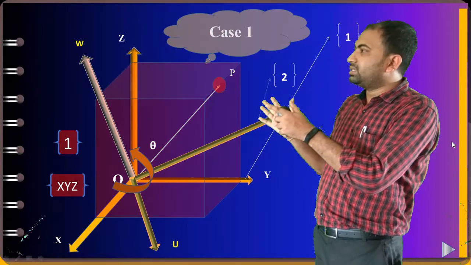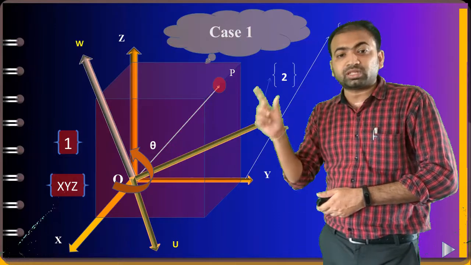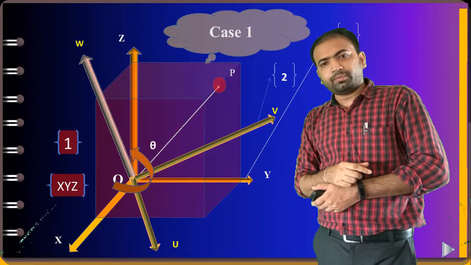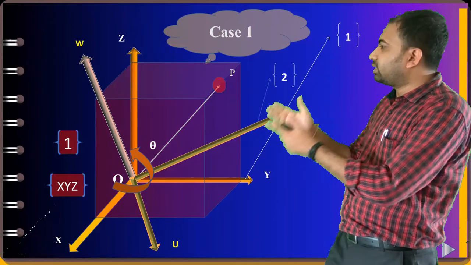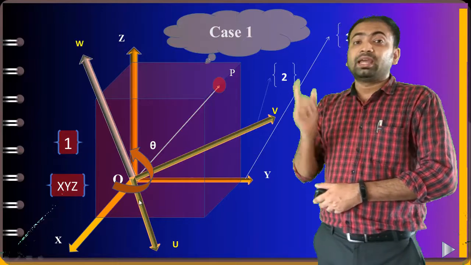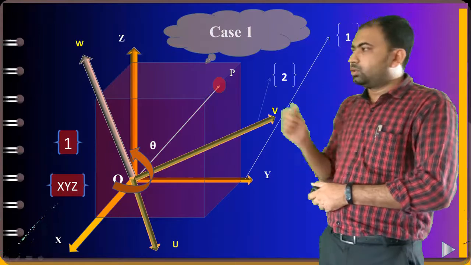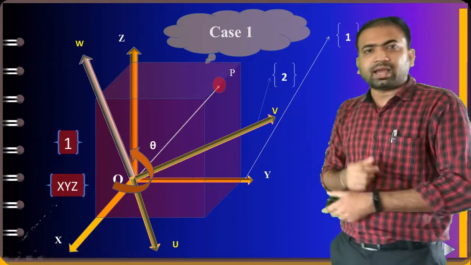So this is another frame which we have received after rotating the first frame, keeping the origin in the same position. Previous one was frame 1 and the next one is frame 2, which also has to be kept in curly brackets. Now you can see U, V and W, as I have said.